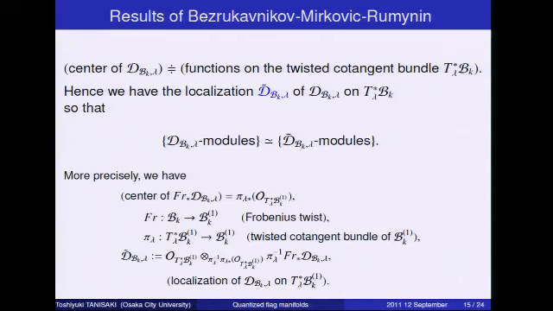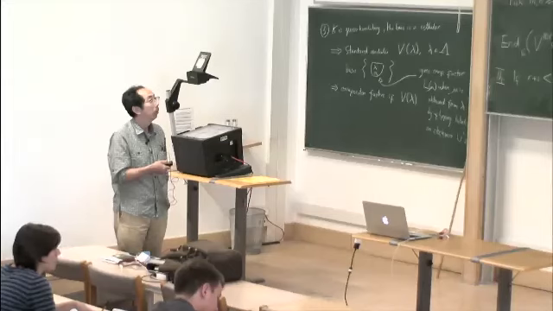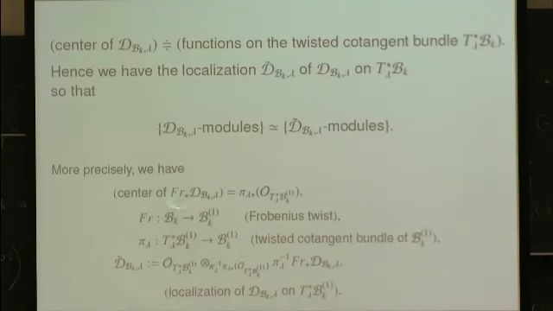Actually, more precisely, the situation is as follows. So we consider the Frobenius twist. B_K is a flag manifold, and B_K^(1) is its Frobenius twist. And considering the direct image, this is a finite morphism. And considering the direct image, then this is isomorphic to the ring of functions on the twisted cotangent bundle, in fact, the Frobenius twist of the twisted cotangent bundle.